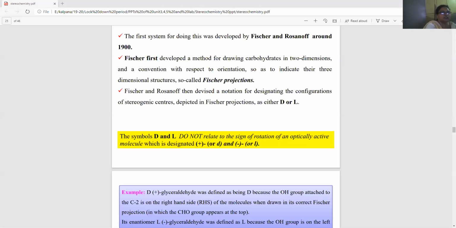Now, conformations. We have different types of strain, like torsional strain. It is also called eclipsing interaction strain. This arises when non-bonded atoms separated by three bonds are forced from a staggered conformation to an eclipsed conformation.